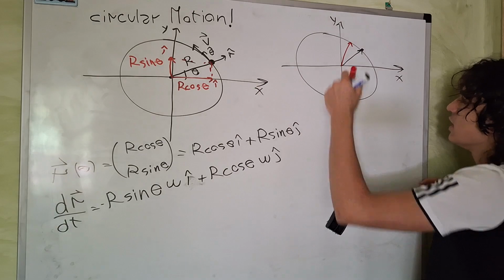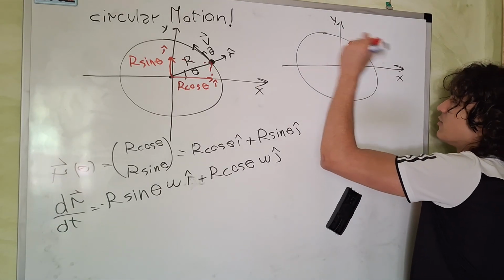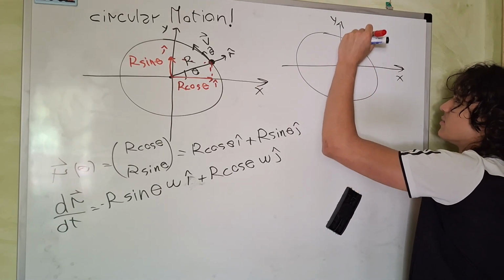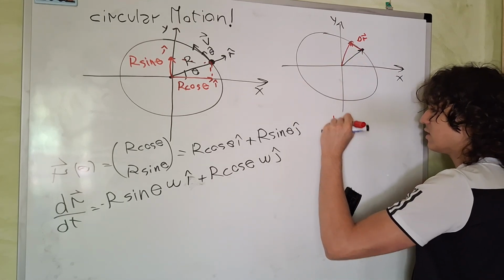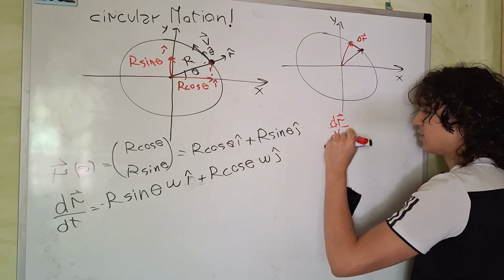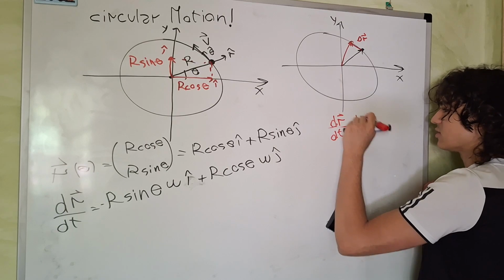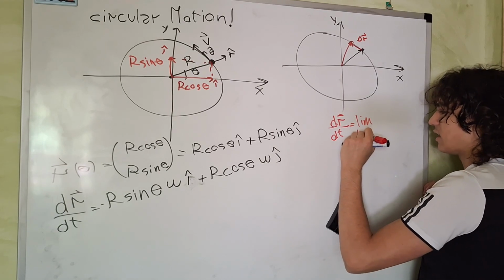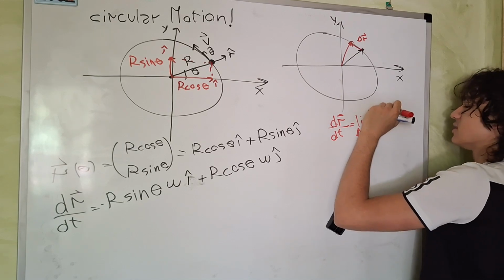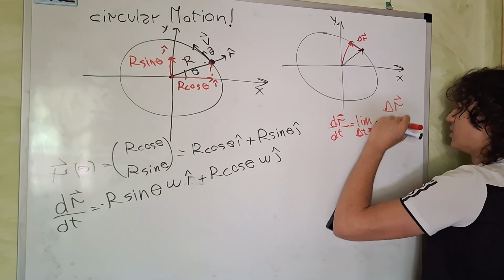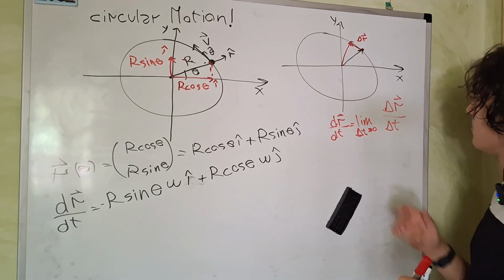If we take the difference of these two, this is delta r, and dr by dt, that is the velocity, equals the limit as delta t goes to 0 of delta r by delta t, by definition.